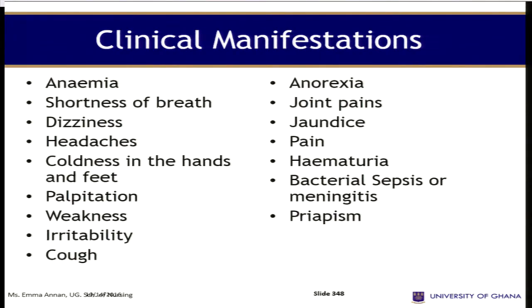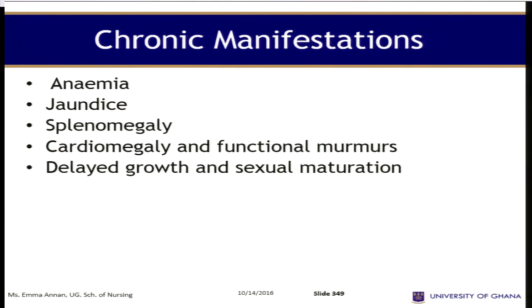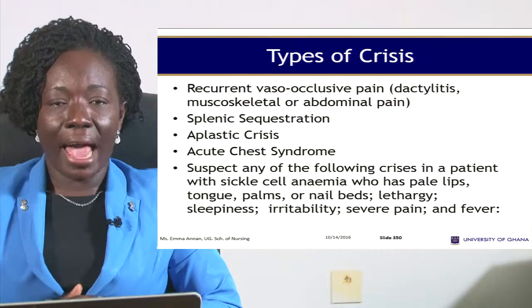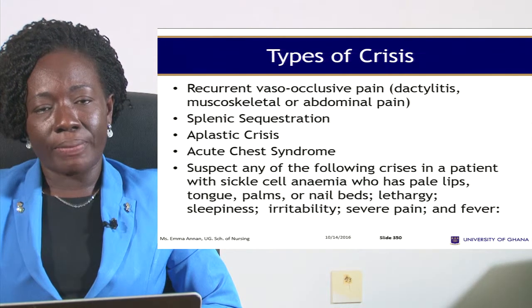You have anemia, shortness of breath, dizziness, headache, coldness of the hands and feet, palpitation, weakness, irritability, cough, anorexia, joint pains, jaundice, pain, hematuria, bacterial sepsis, and priapism. Chronic manifestations include anemia, jaundice, the spleen enlarging, the heart also enlarging, and delayed growth and sexual maturation. We have different types of crisis that they usually experience.